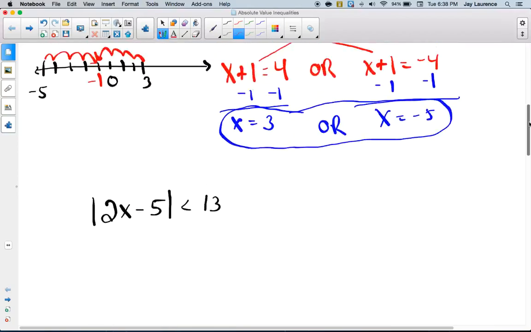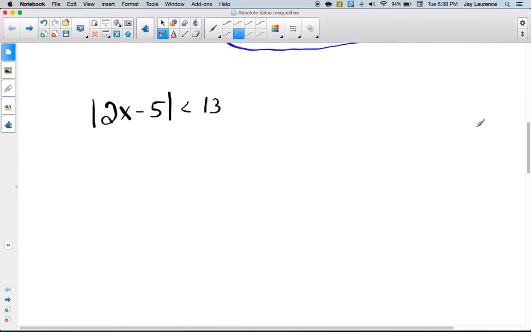Okay? Now, when we get to inequalities like this, it's a little bit different. It's not terribly different, but the trick is you have to know how to read this symbol and how to read that symbol.